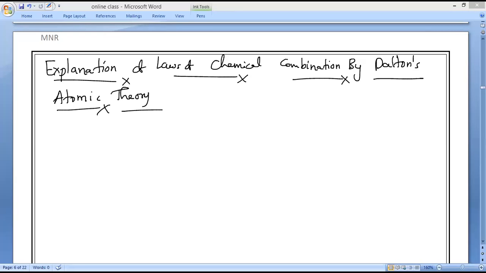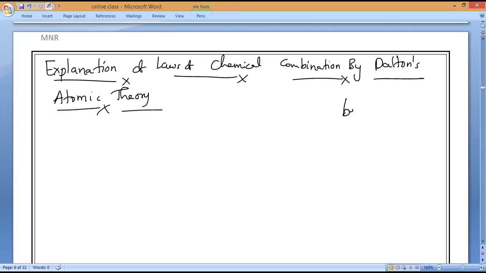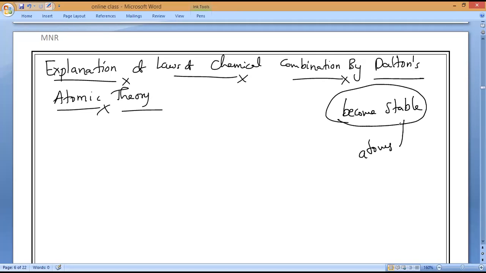So he has told about what atoms are, how atoms are present and all. And you remember, atoms take part in chemical reactions. Always only atoms are involved in any chemical reaction, they become stable. So that is the only reason why the chemical reaction will take place, because the atoms want to become stable.